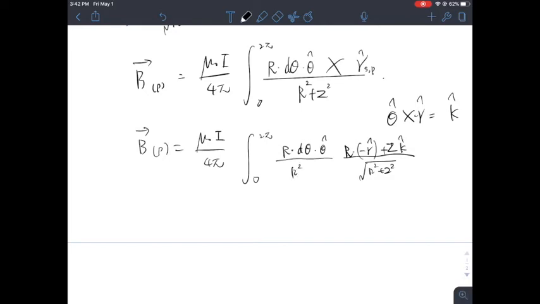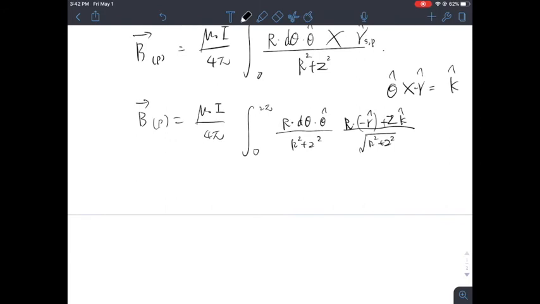Then we don't forget our denominator, r squared plus z squared. So now we can think of another vector cross product, which is theta hat times k hat, which will be equal to r hat according to the right hand rule.